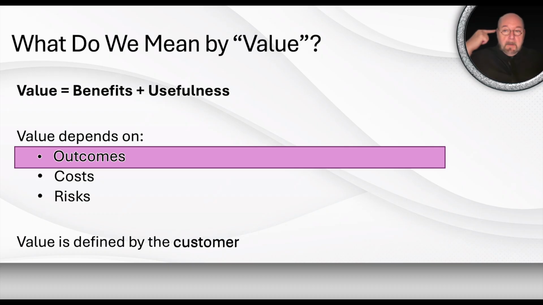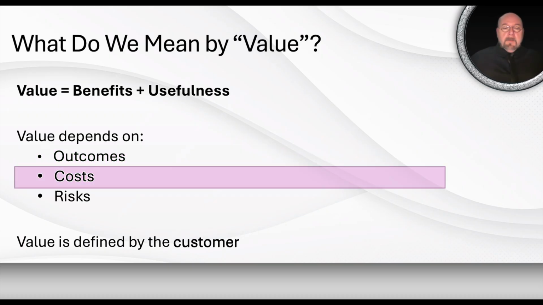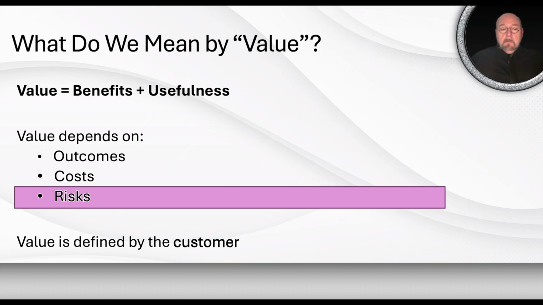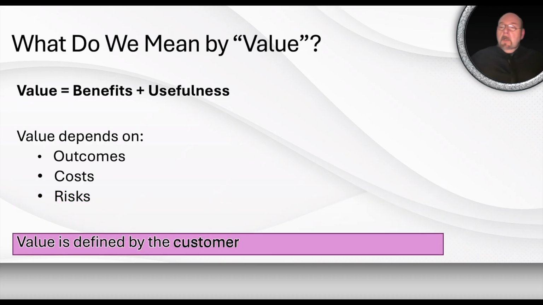In their terms. Now, of course, we have to balance that across cost and risk. And we must always remember, every one of our stakeholders will have their own version of what value is to them. And they're important to us. But the most important one is the consumer's version of value.